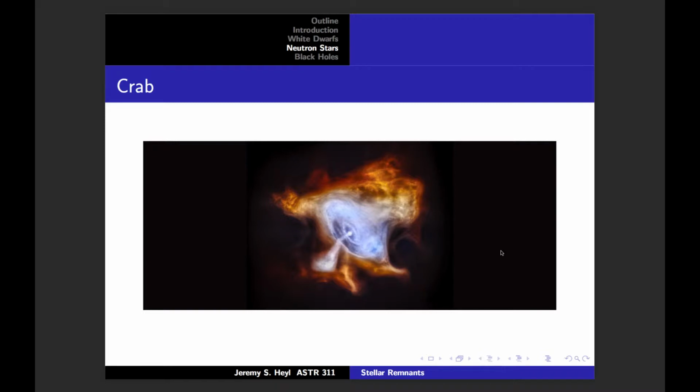And if we look in the center of the Crab, we see this little bright guy right in the middle. And that is the emission from a neutron star. So this neutron star is the Crab pulsar, and it was one of the first pulsars to be discovered.